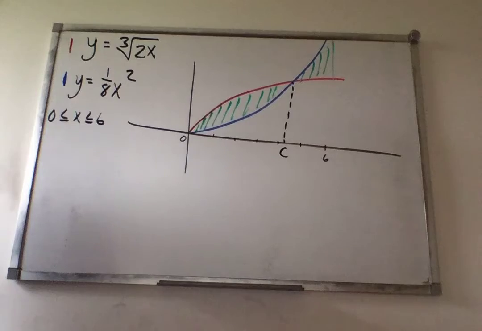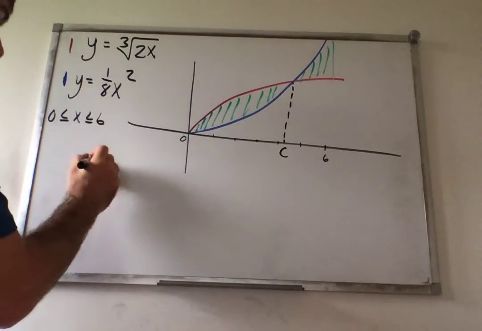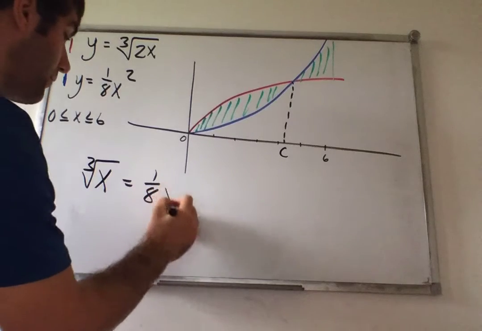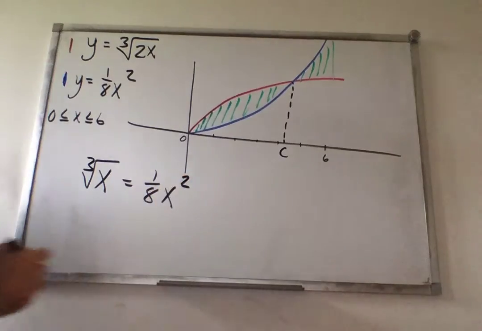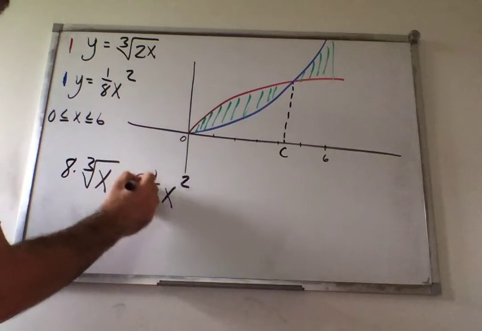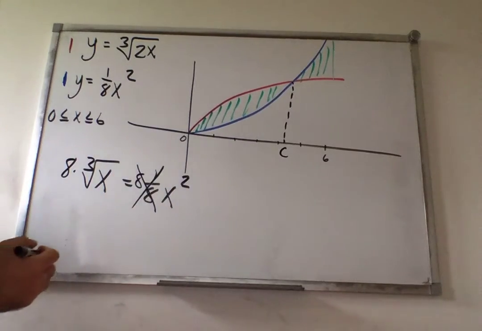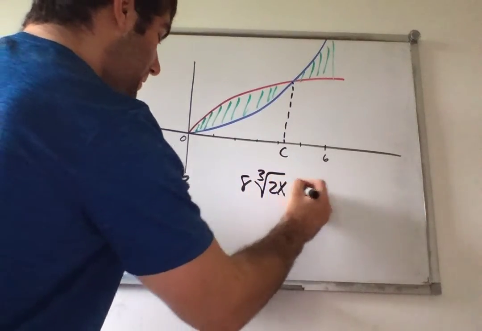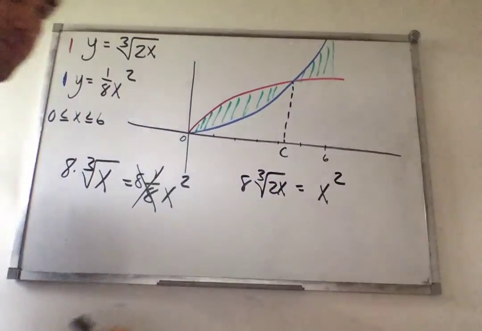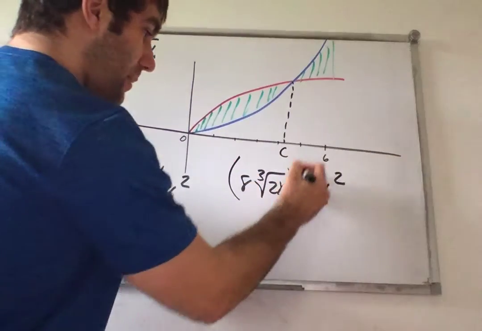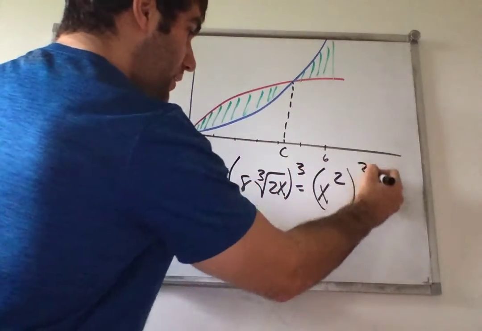All that means is take the two equations and set them equal to each other. I don't want the fraction there, so I'm going to multiply both sides by 8. And you get 8 cube root of 2x is equal to x squared. Not only that, I don't want this cube root, so I'm going to cube everything.